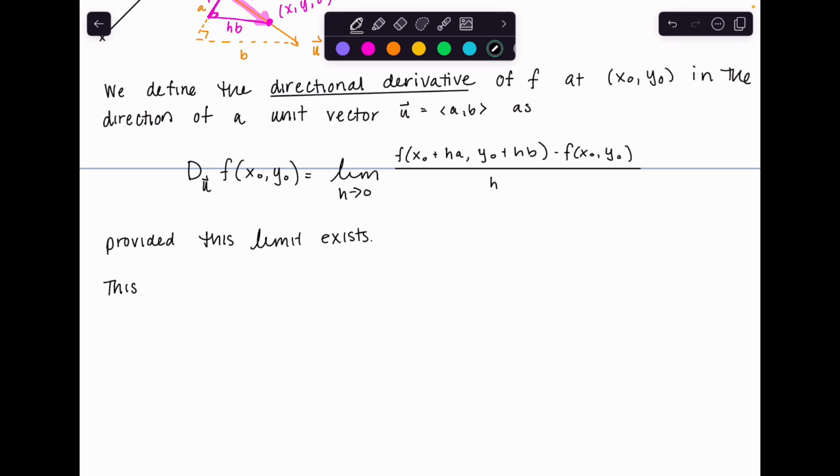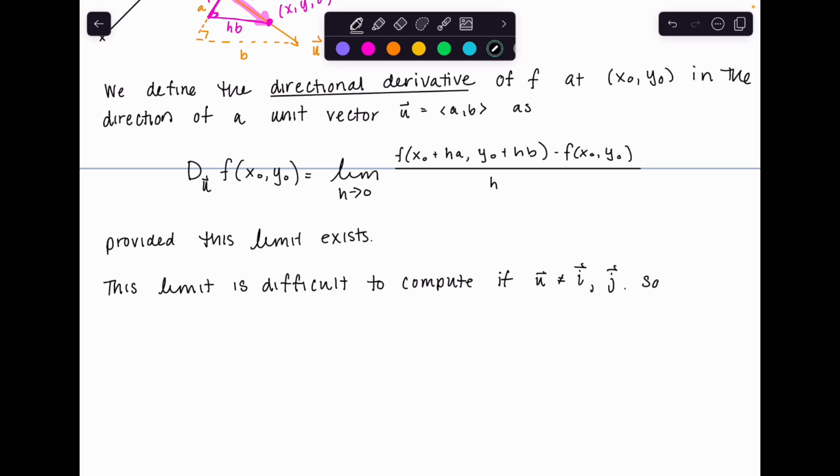So we're going to try to come up with something else. So this limit is difficult to compute if the unit vector u is not i or j.